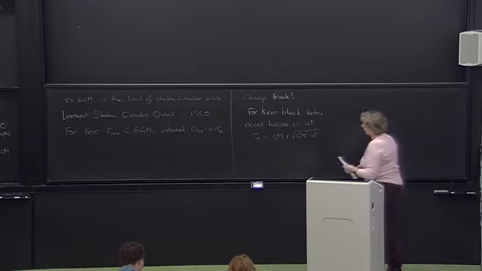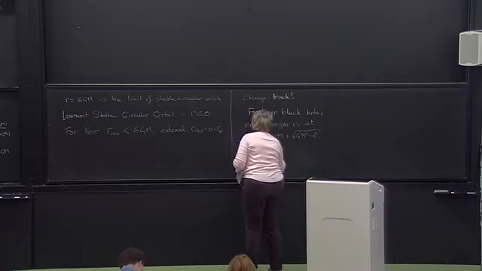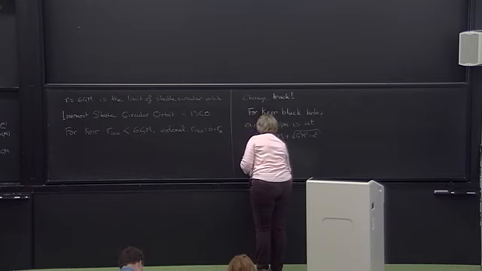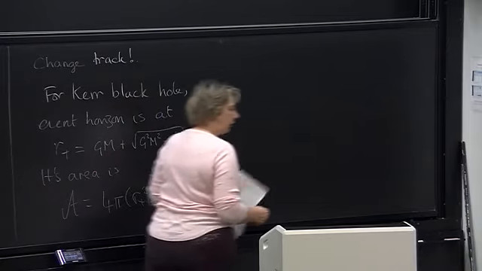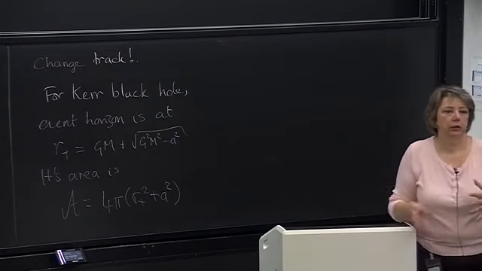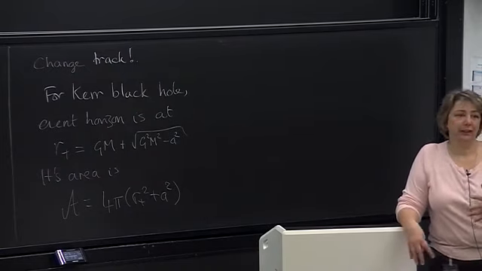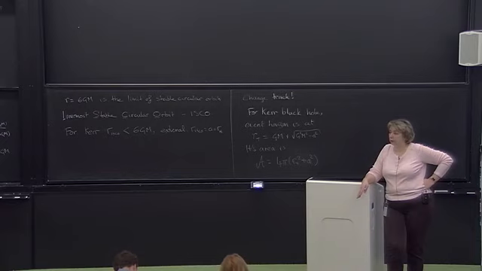So our area is not quite 4 pi r plus squared, which you might have thought initially. You're thinking, if it's at r plus, we're used to r meaning the area of spheres. But that's not actually quite true in these Boyer-Lindquist coordinates.